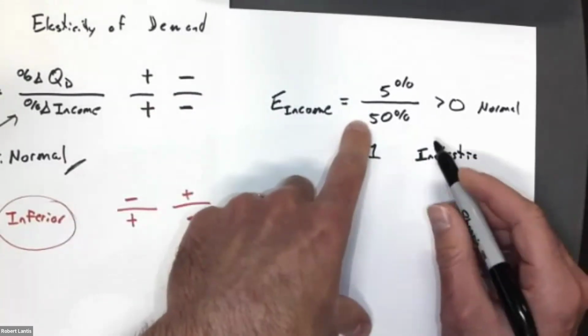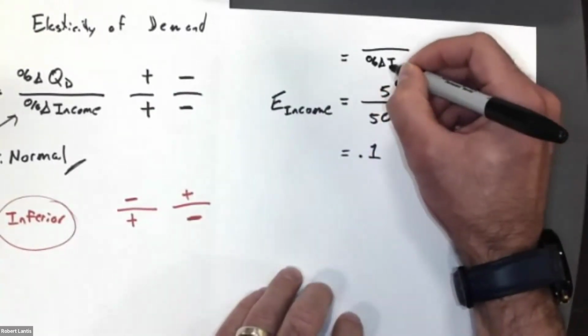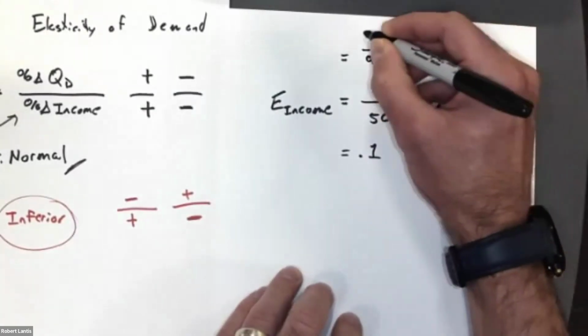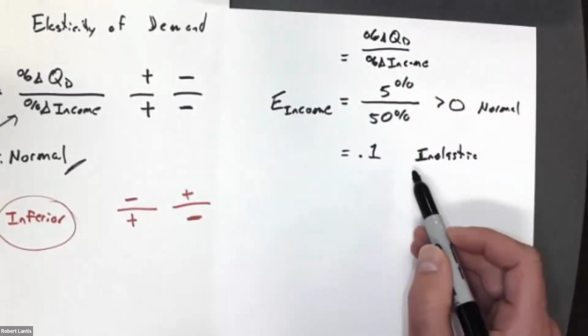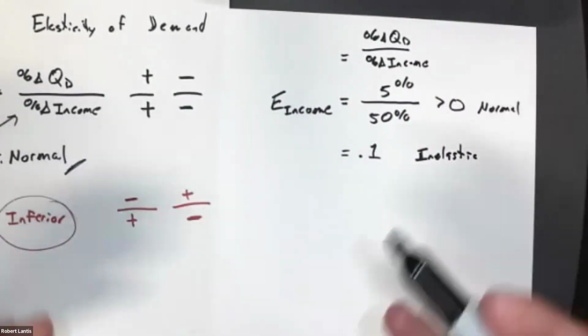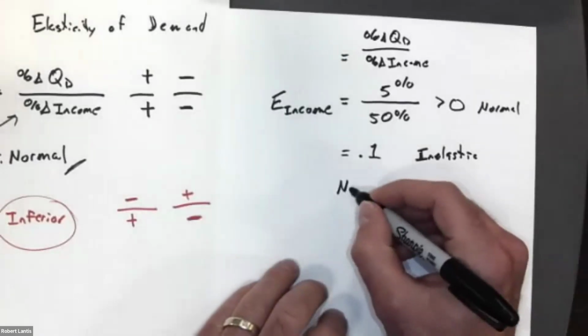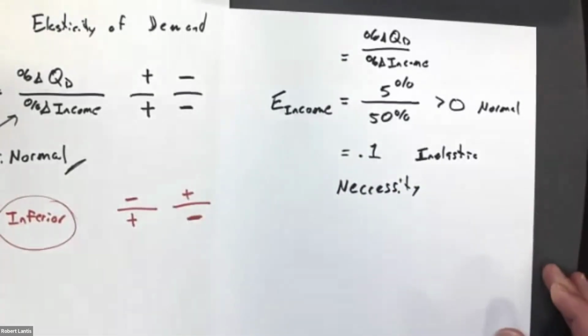They're not very responsive to percent changes in income. So for these goods, even though they're normal, when people have more money, they keep buying about the same amount. We're going to call these, I'm probably spelling this wrong, necessity goods.